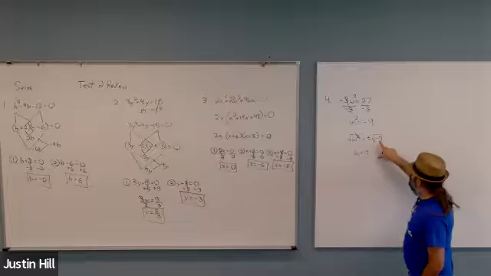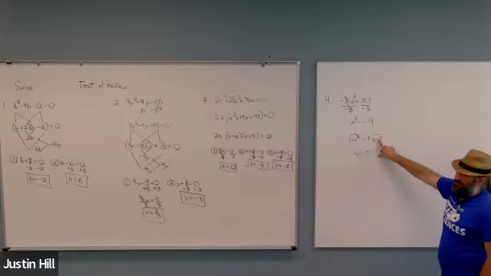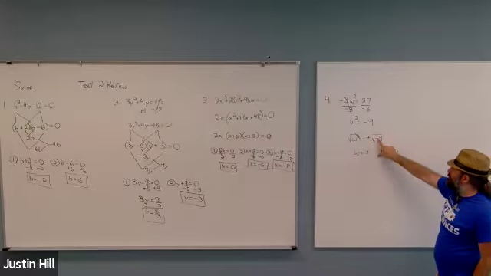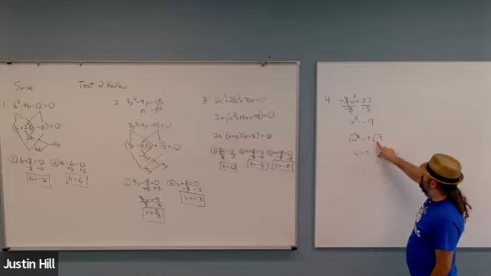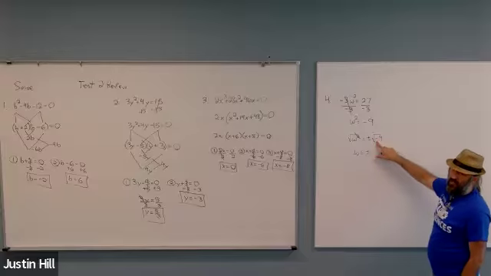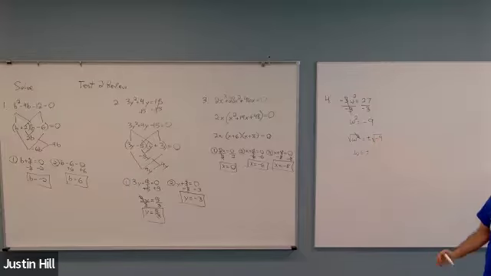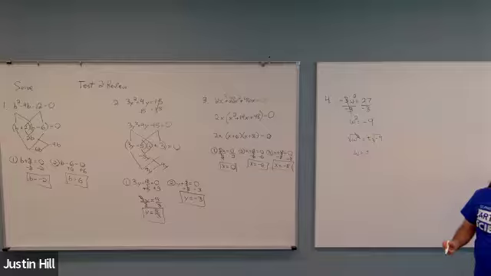The difference here, if this was a +9, then what would my answers be? Plus or minus, 3 and -3. But if this is a -9, classically we can't take the square root of a negative, but we actually can. So what do we get when we take the square root of a negative? Plus or minus imaginary. Yes.